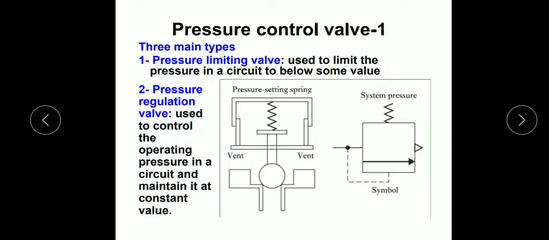You can see the figure of a pressure control valve which is operated by spring, and this is the pressure setting spring. It will be in this condition at the initial stage that closes the flow. These are the two sides of vents, and fluid flow will act at this one. We will set a value, and when the pressure goes beyond this set value it will push the ball upward and the pressure will be released through the vent.